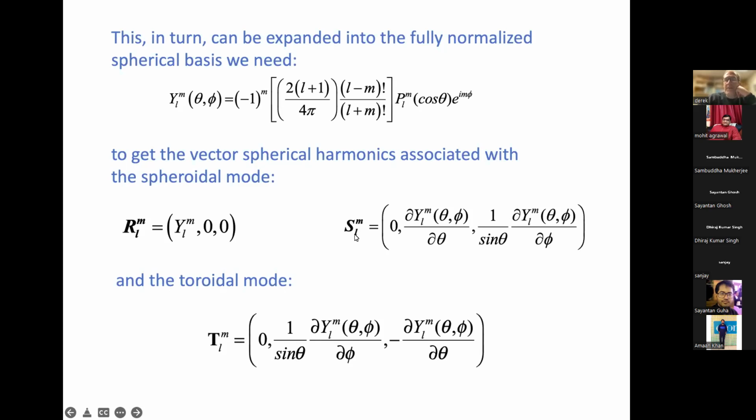And then we also have to consider S sub L sup M, which has 0 radial motion. And then the theta motion is given in terms of this derivative, and the phi motion is given in terms of this derivative. The toroidal mode has 0 radial motion, and then theta motion and phi motion in terms of these two derivatives.